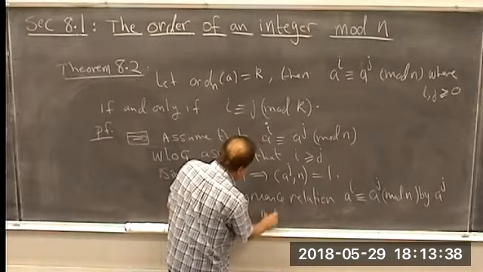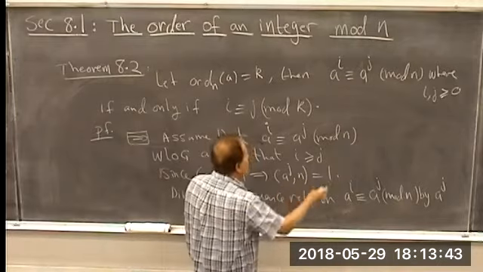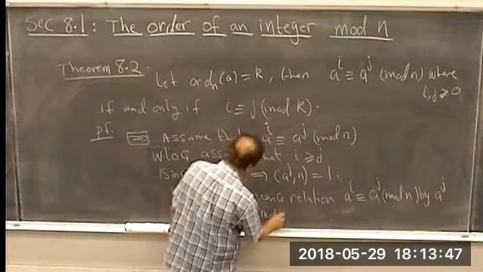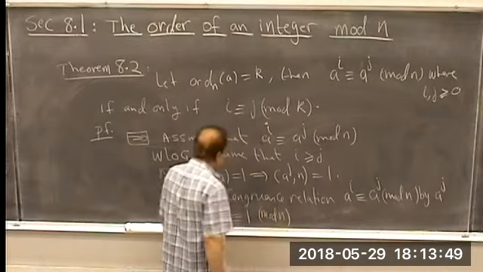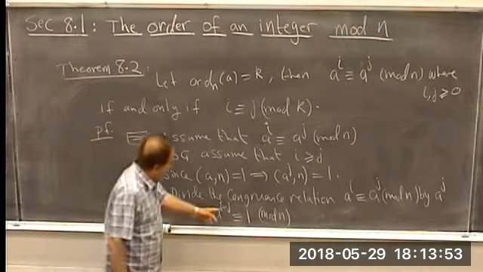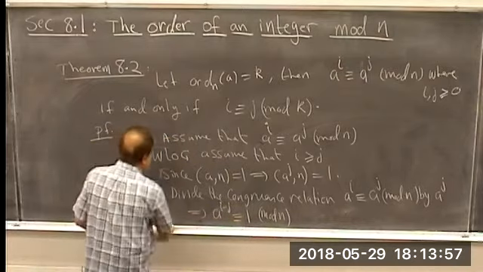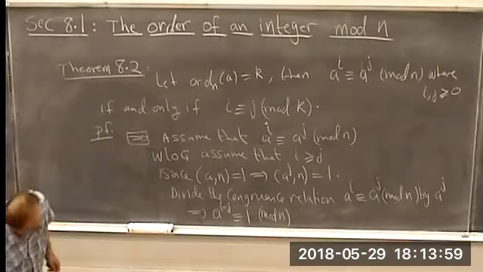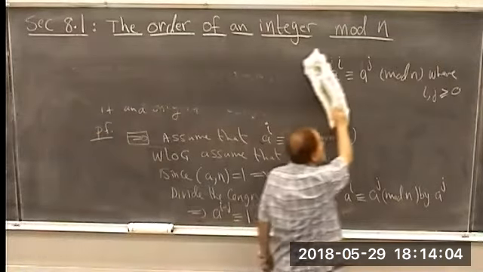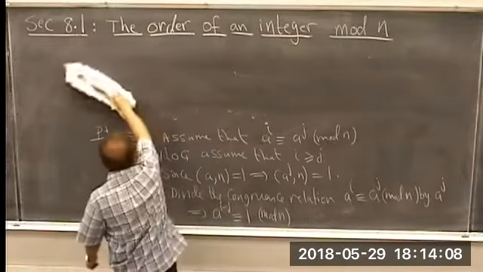Remember that if we have a number that is relatively prime to n, we can divide by that number. All right. So we have a^(i-j) is congruent to 1. Now, by the previous theorem, this implies that the order of a divides this i minus j.